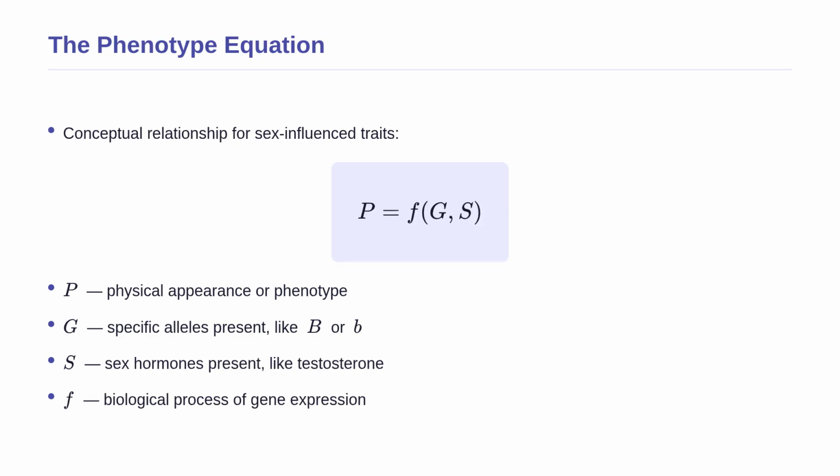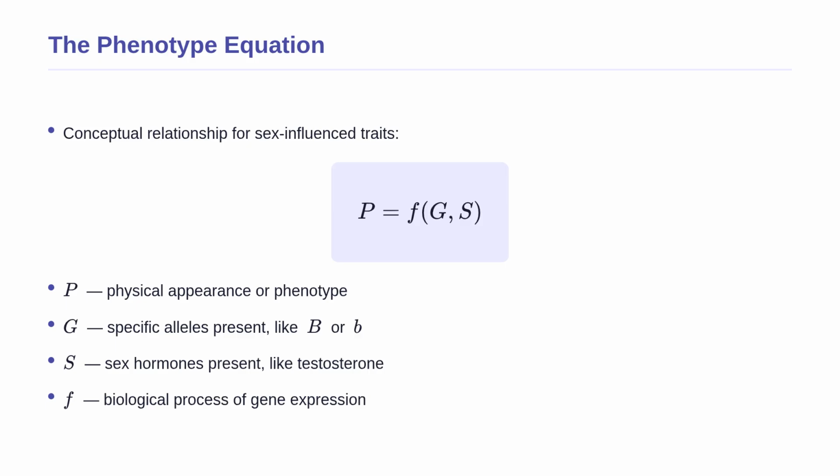Now that we understand what sex-influenced characters are, let us look at the mathematical relationship that defines them. Conceptually, we can express this as P equals F of G and S. In this equation, P stands for the final physical appearance, or phenotype, of the organism.